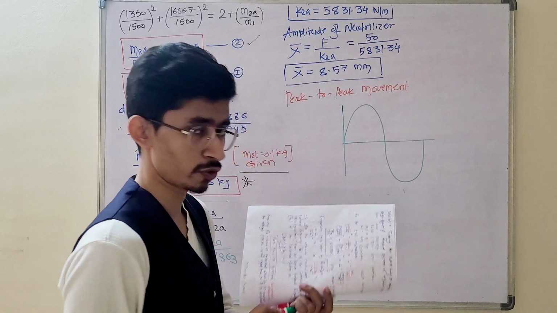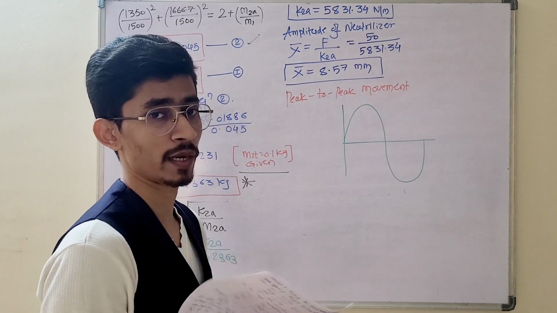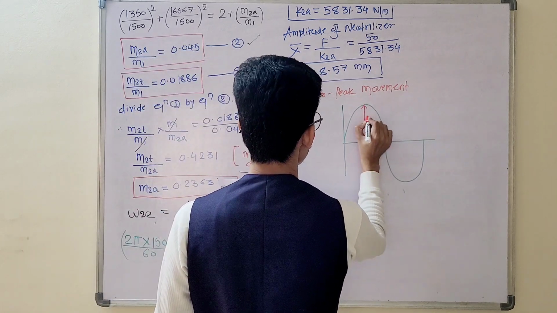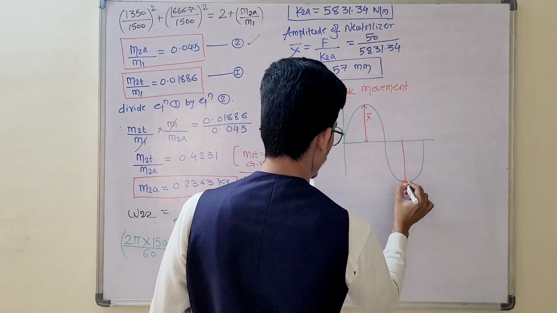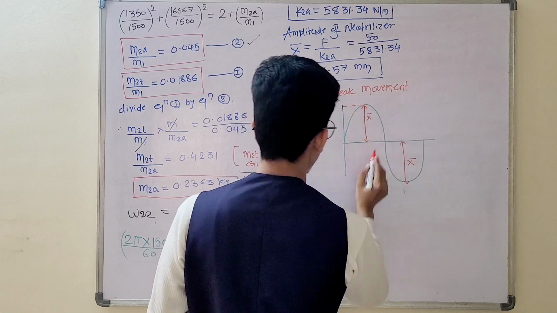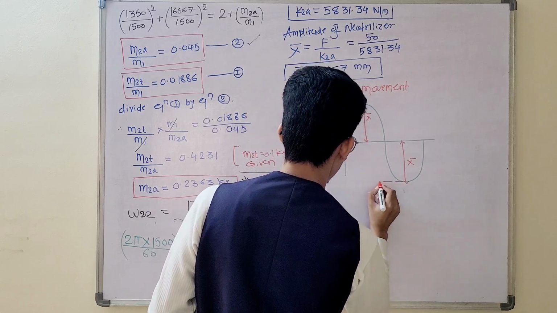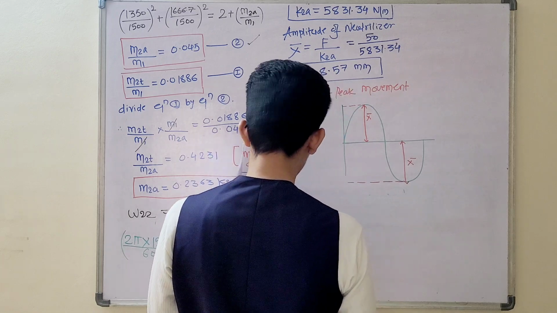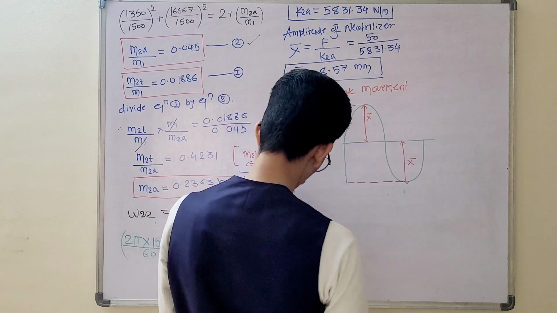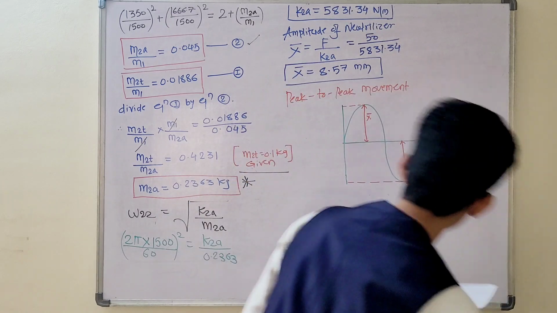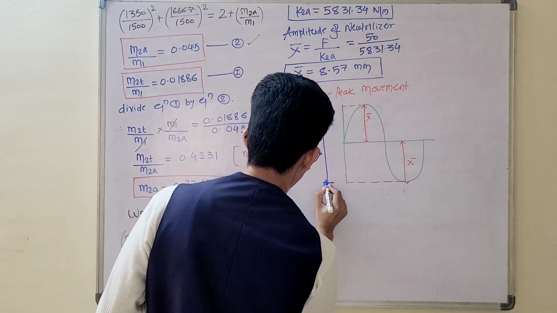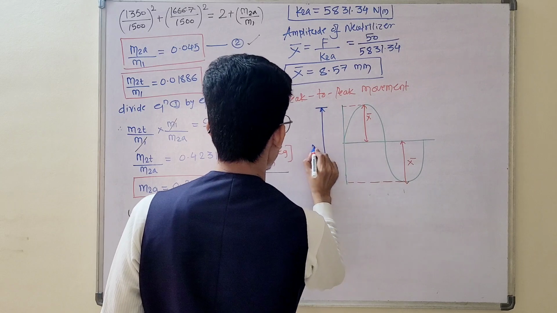If I need peak to peak movement, what is my displacement amplitude? This is my displacement amplitude, that is x bar, and again this is my displacement amplitude, that is x bar. Now I need the peak to peak amplitude. Peak to peak amplitude is nothing but this entire amplitude. So what is this entire value? x bar plus x bar. So this is nothing but the peak to peak amplitude, that is 2x bar.